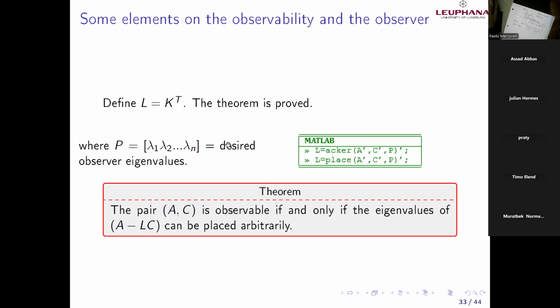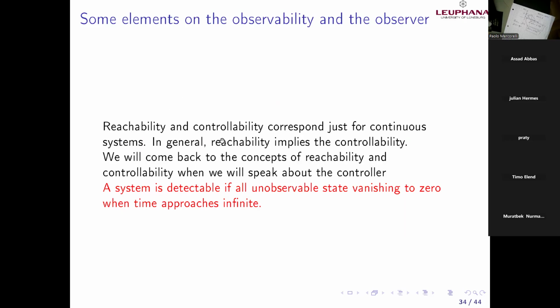This comes from the theorem, because it's if and only if. But of course, I can nevertheless build an observer, because even though I cannot place arbitrarily, very important, arbitrarily all eigenvalues, it could happen.